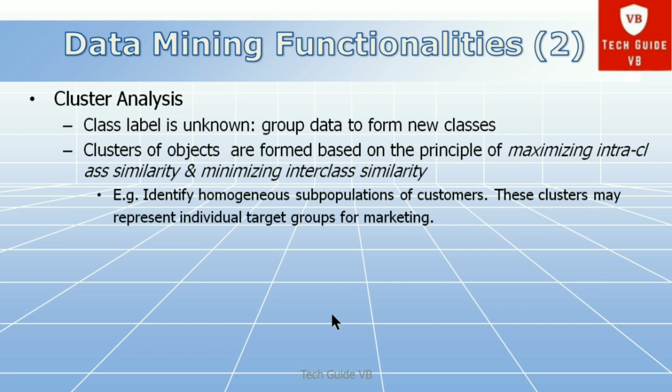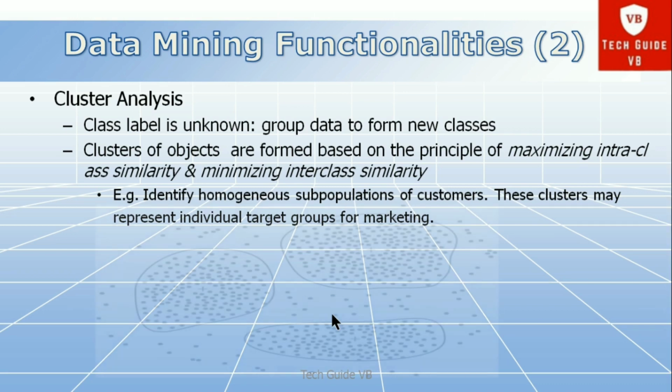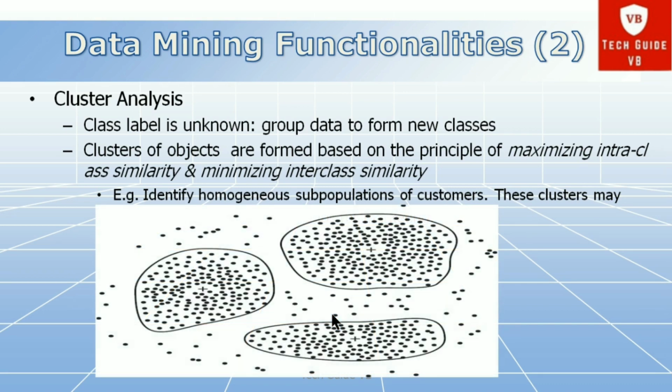So in classification, there is a known entity, that is the training data set, and the prediction is the unknown entity. But in clustering or cluster analysis, there is an unknown entity because we don't know exactly the class label. So here an example is given. These are the clusters formed.